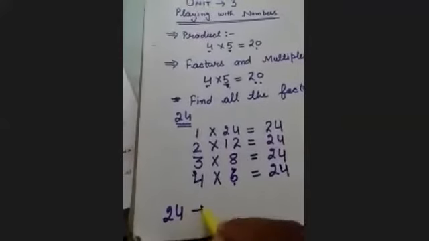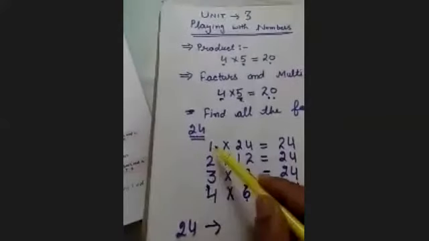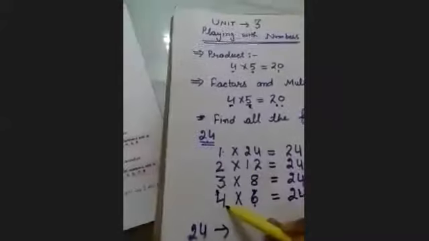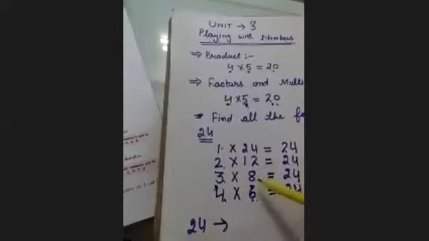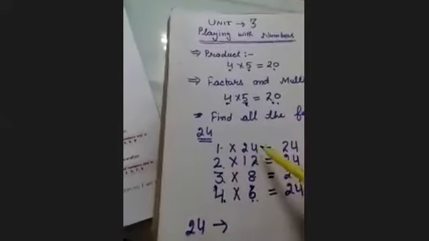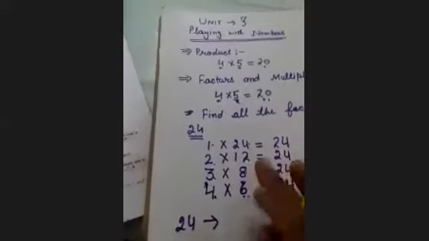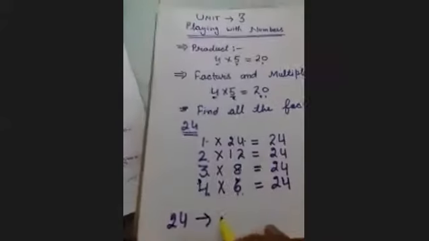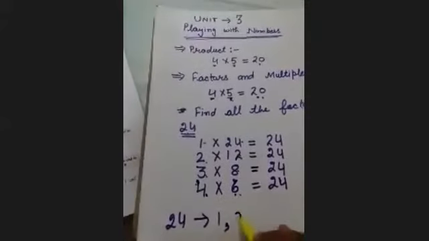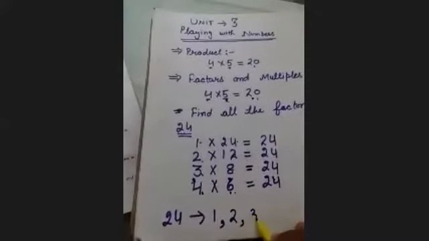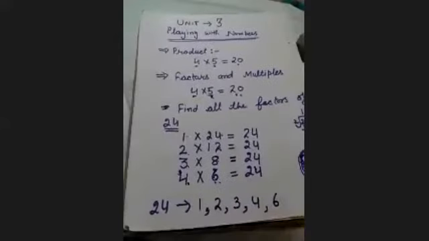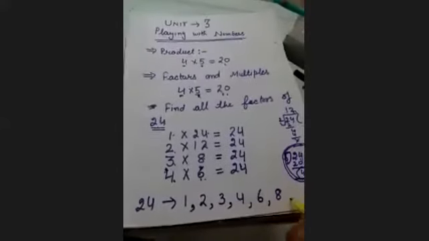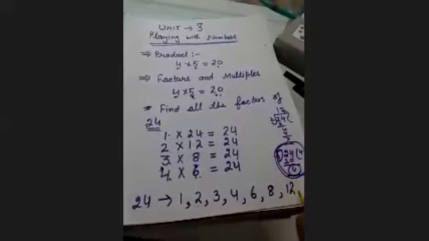All factors of 24 are 1, 2, 3, 4, 6, 8, 12, 24.